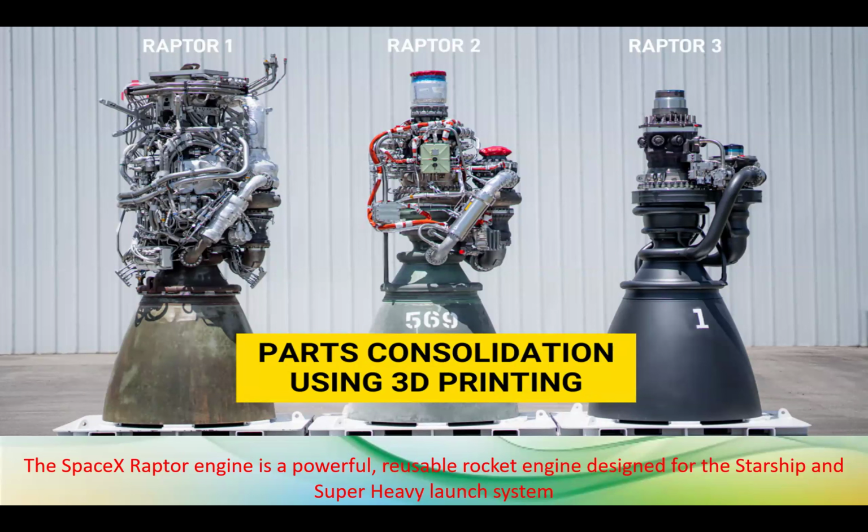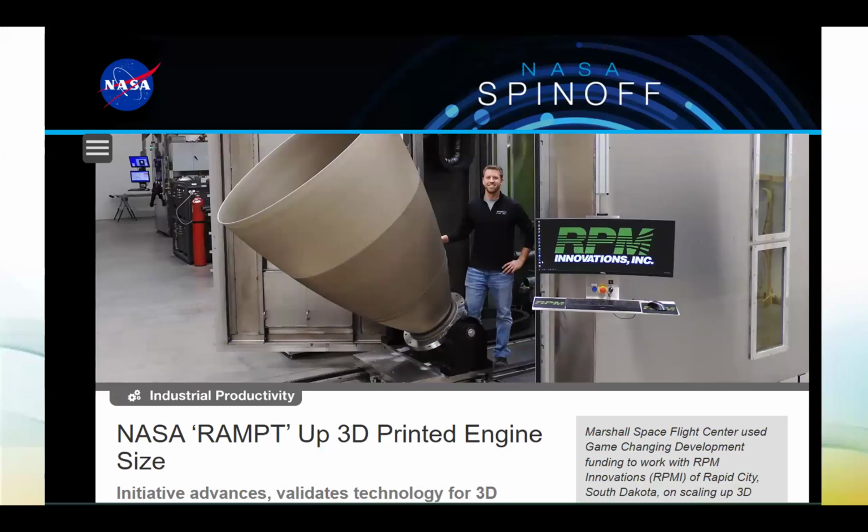So this is the advantage of additive manufacturing. This is due to part consolidation only. And nowadays, even huge build size machines are also available. I already explained with a slide. This is a rocket engine, completely 3D printed in a machine for NASA.